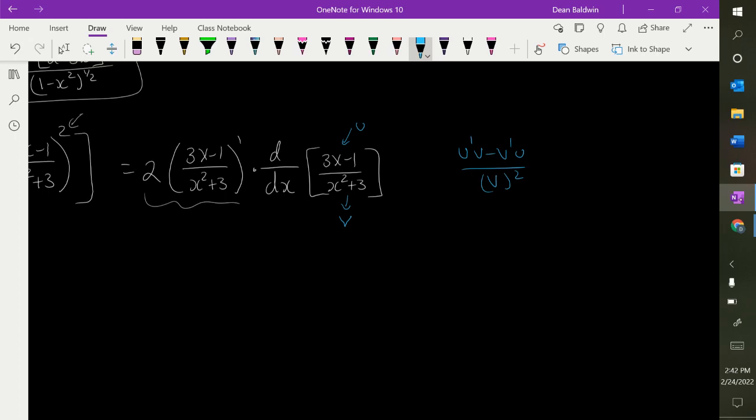Okay, so the derivative of this whole thing becomes, well, let's do u. U is equal to 3x minus 1, so u primed is equal to 3. V is equal to x squared plus 3, so v primed is equal to 2x. Plug it into your formula.